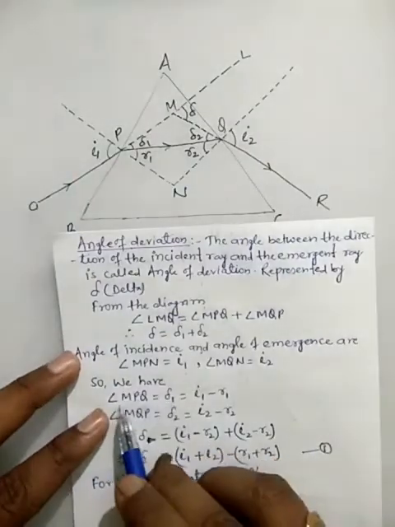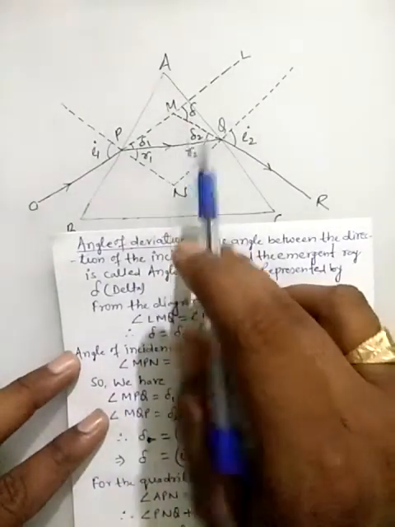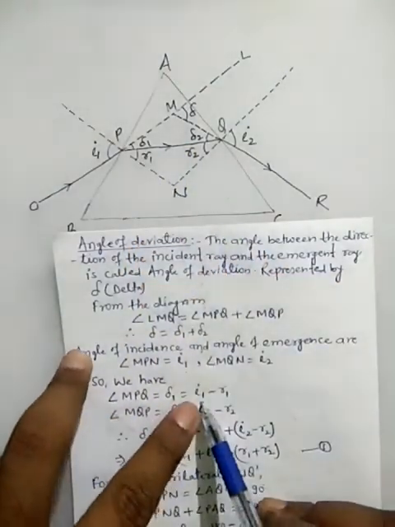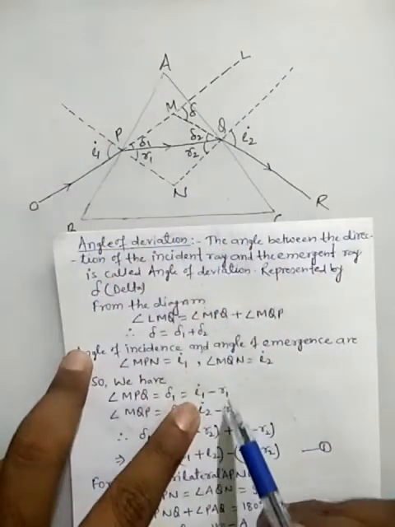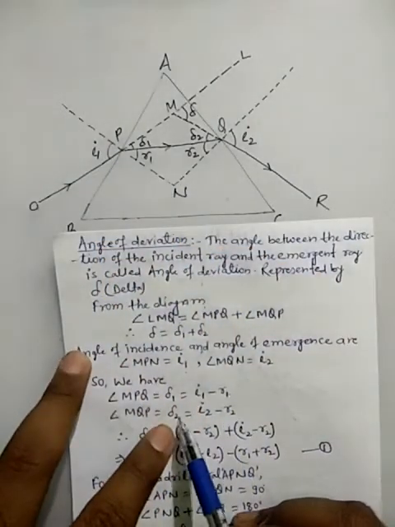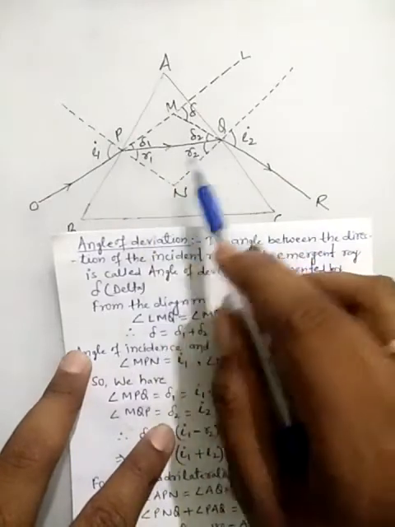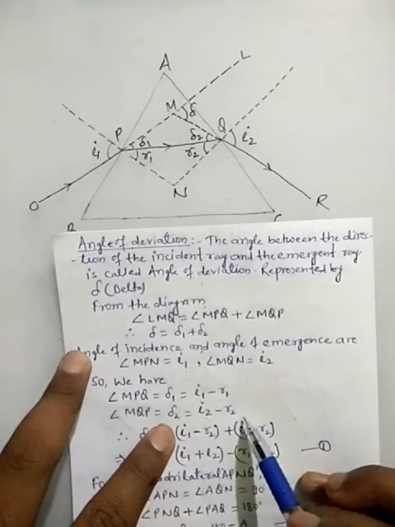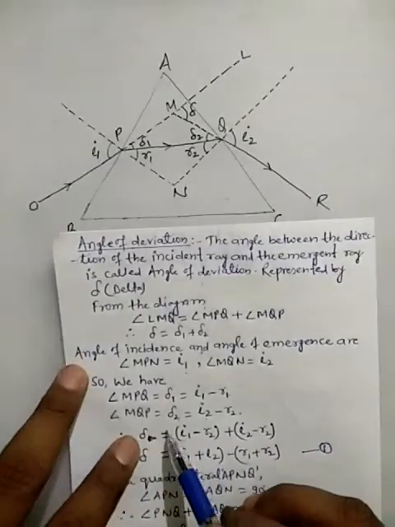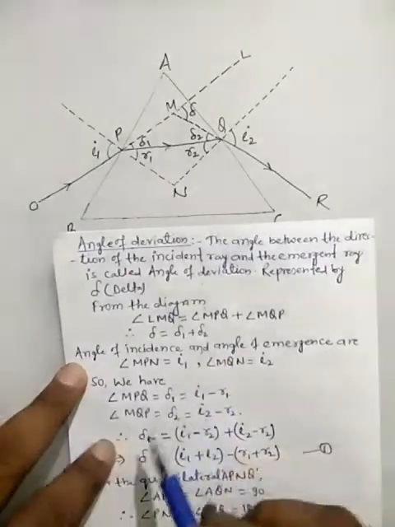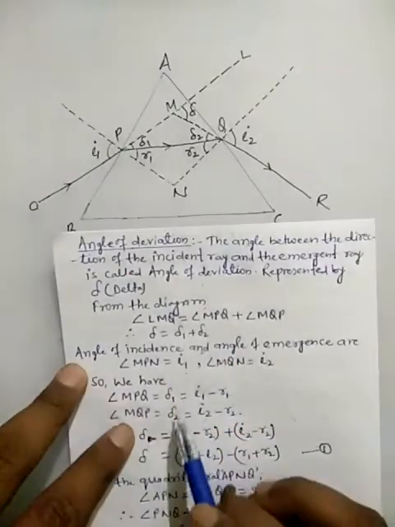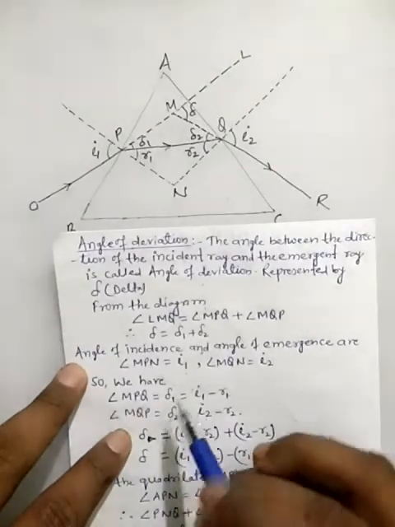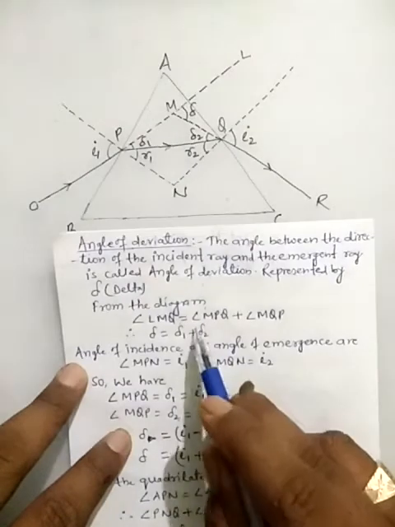Then we have angle MPQ, that is delta 1, which is equal to I1 minus R1. Similarly, delta 2, that is angle MQP, is equal to I2 minus R2. From the relation delta equals delta 1 plus delta 2, we can write the values of delta 1 and delta 2 in this equation.